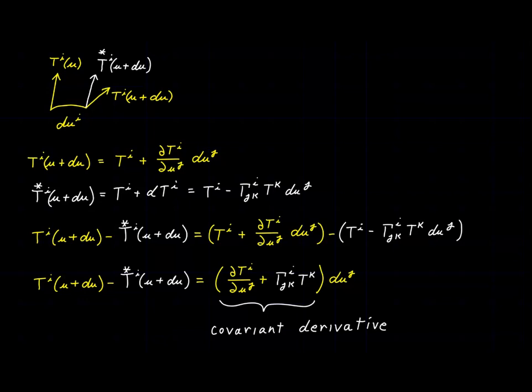It is the difference between a vector and its corresponding parallel transport. This part of the expression is the term that represents the actual vector change, while this part of the expression is due to the coordinate system effects along the same path. Note that this is a tensor. This is a vector difference, which means this is a vector, and of course we know this is a vector, and because of the quotient theorem we know then that this factor is a tensor as well.